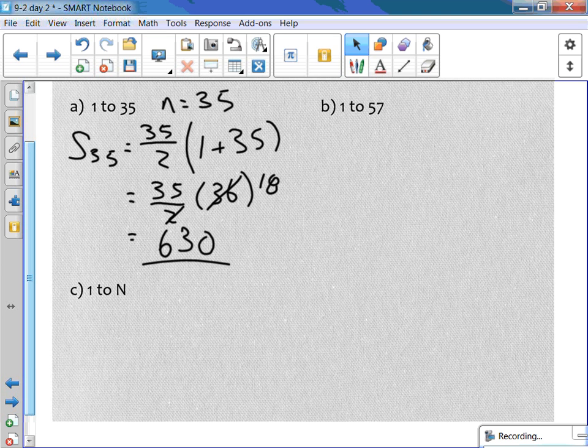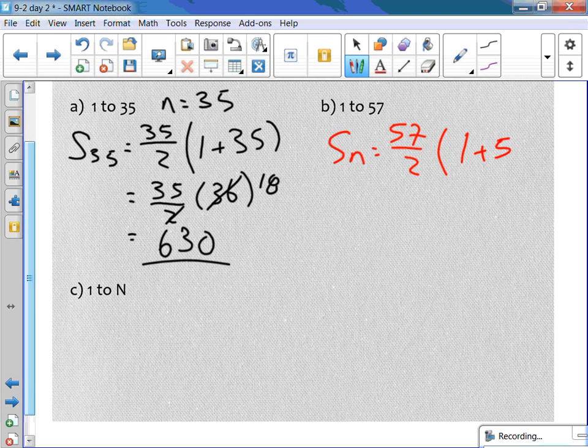So here we're going to add up the integers from 1 to 57. So what do I write? 57 over 2 times 58. Or again, 58 canceling with my 2, leaving behind 29.